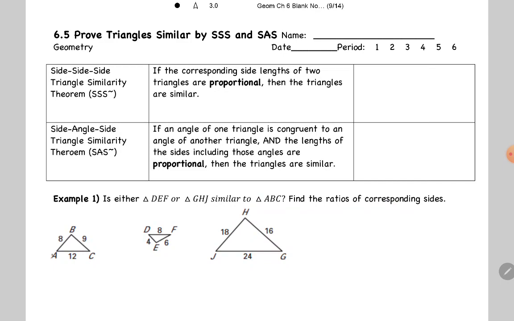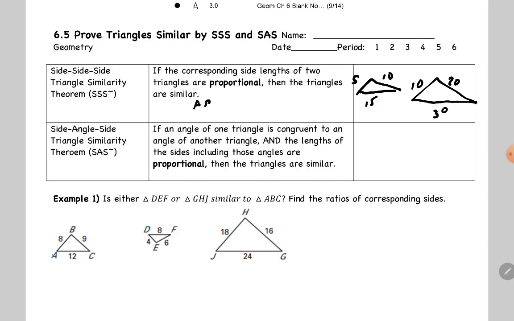So once again, if we had two triangles here, that's short side, long side, that, short side, long side, that. So let's say 4, 10, 15 and 10, 20, 30.